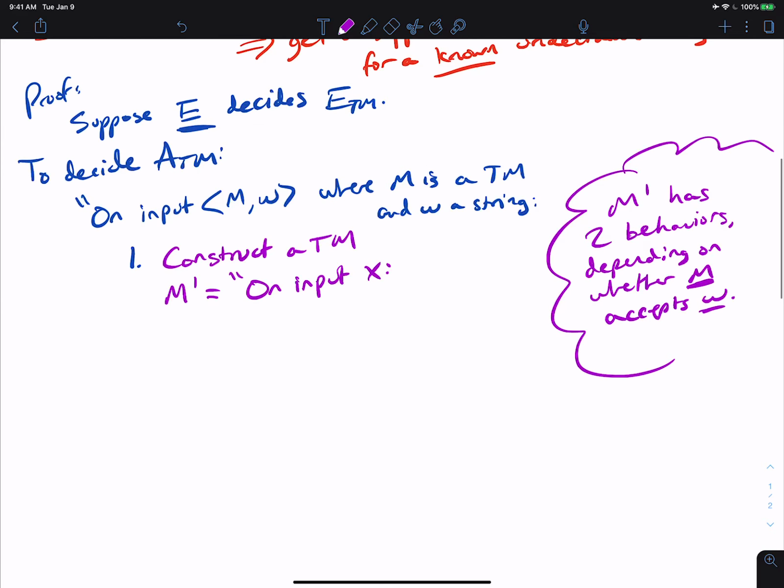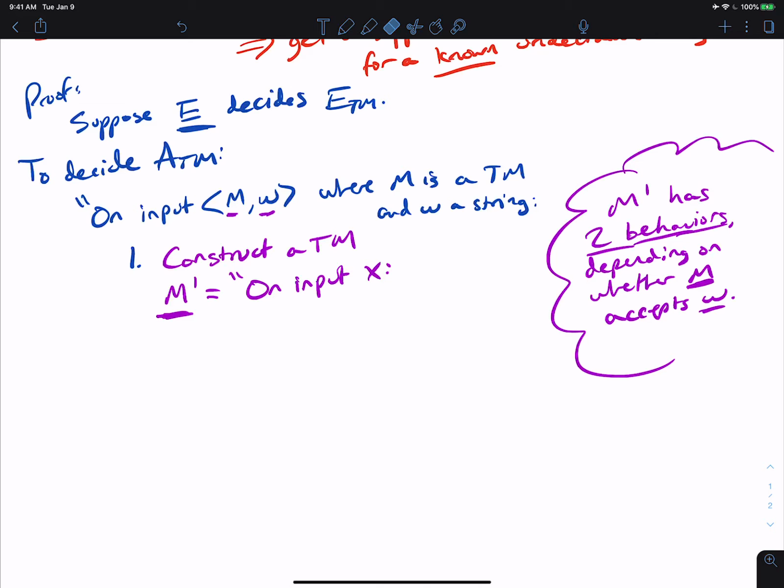It could be anything. So what are the two behaviors going to be here? What we want is for whether M prime's language is empty or not to coincide with whether M accepts W.